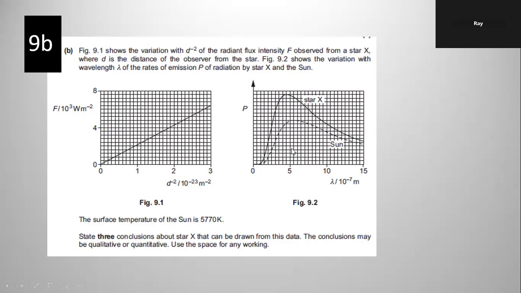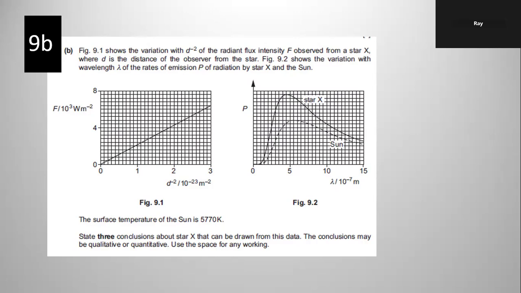Figure 9.2, which is this one, shows the variation with wavelength of the rate of emission of radiation by star X and the Sun. The top is star X and here is the Sun.